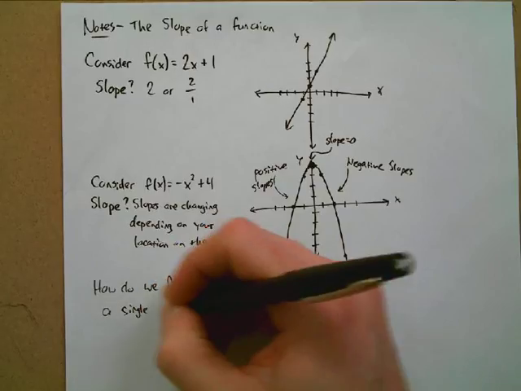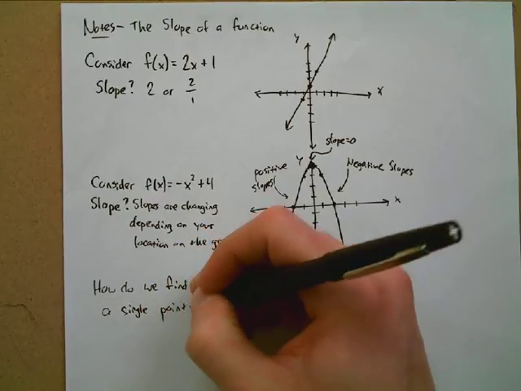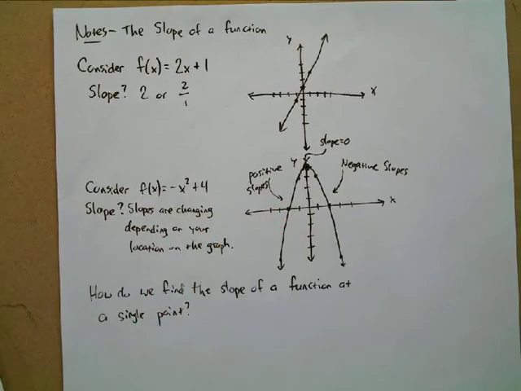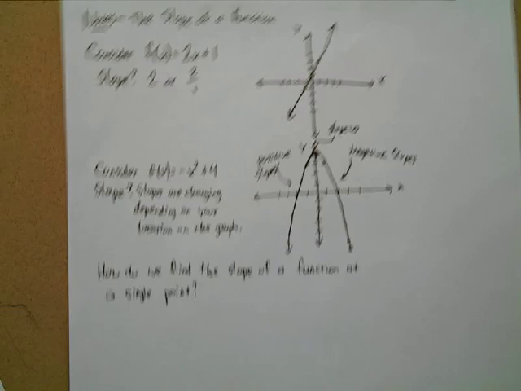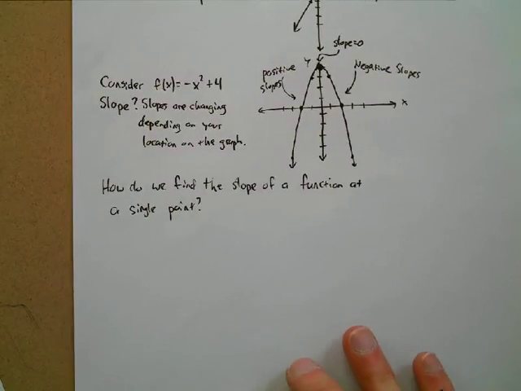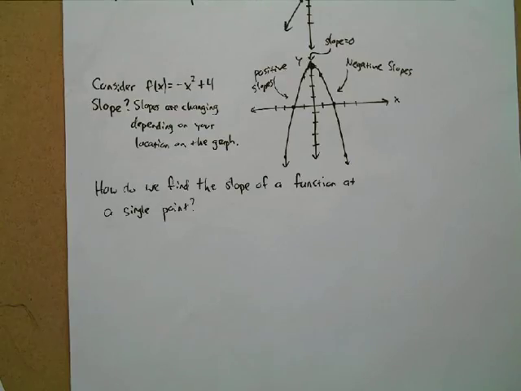That's how we find the slope of a line, y2 minus y1 over x2 minus x1. But how can you find the slope of something if you only are trying to use a single point? Because every point on there is a different kind of slope, potentially. Or how do you find a slope for the function? This is where we introduce the idea of the derivative.